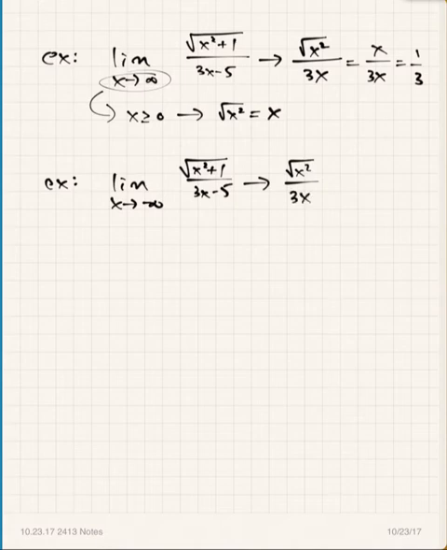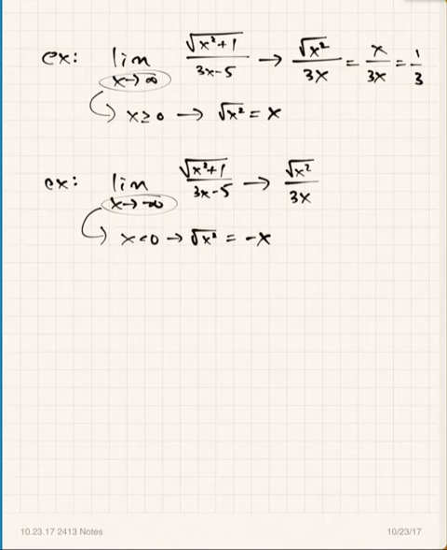But now you have to be careful, very careful. X is less than 0 here. Right, x is negative. And because x is negative, what about the square root of x squared? If x is negative, the square root of x squared is the opposite of x. It's not equal to x. It's equal to the opposite of x. Because it's got to be equal to a positive number. But x is negative. So negative x is positive.